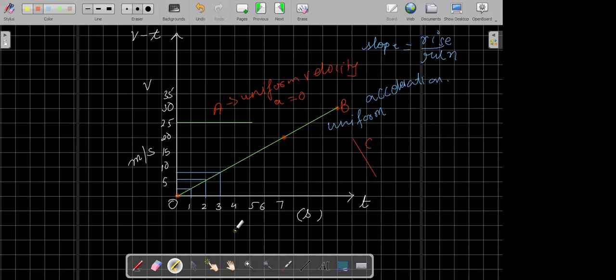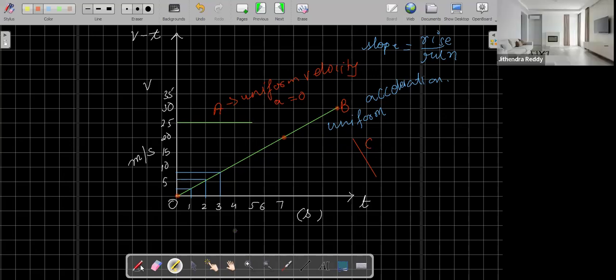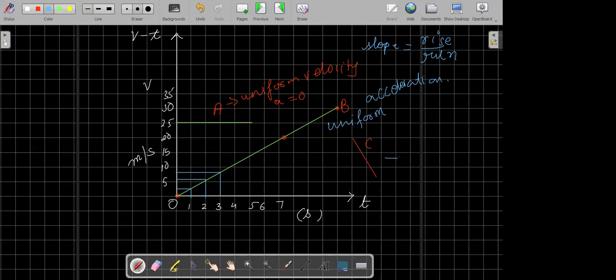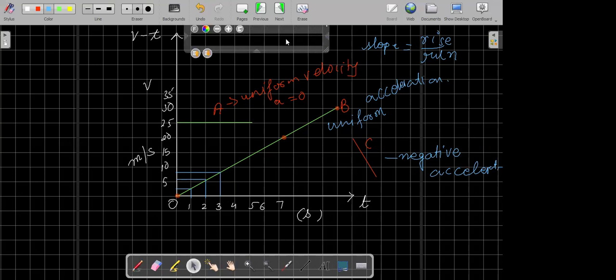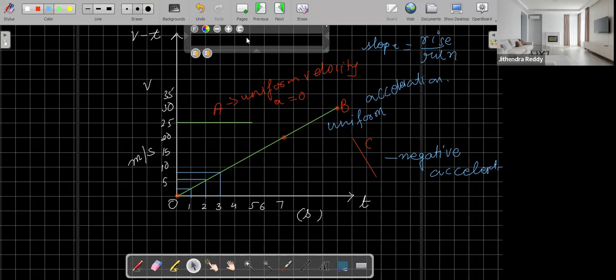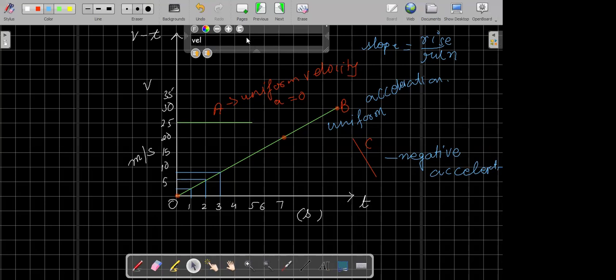What about this graph C? Sir, negative acceleration. Yes, very good. Graph C represents a negative acceleration. So which graph are we studying here? Velocity time graph. Yes, we are studying the velocity time graph.